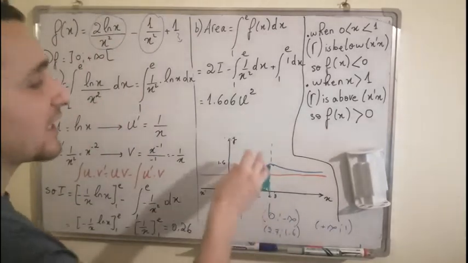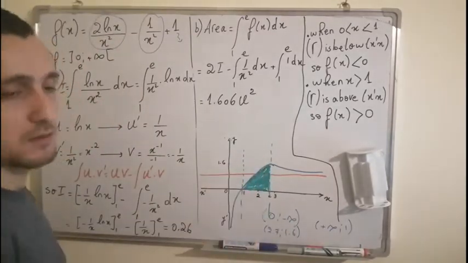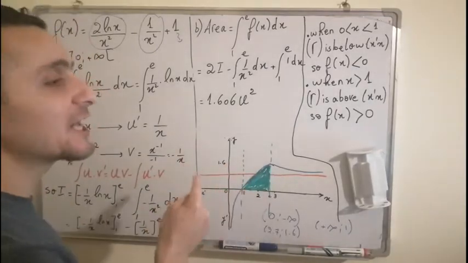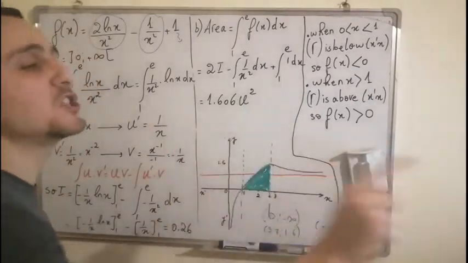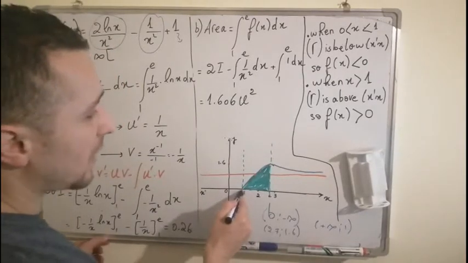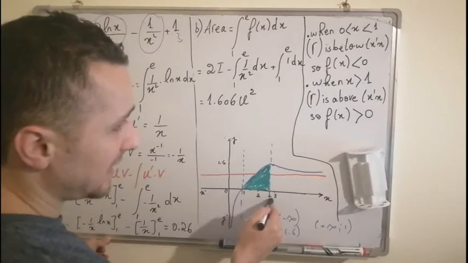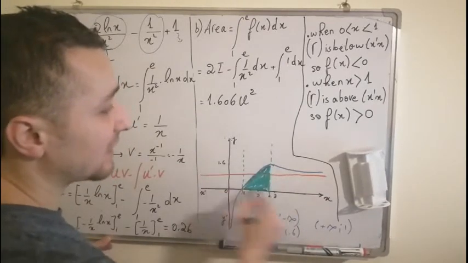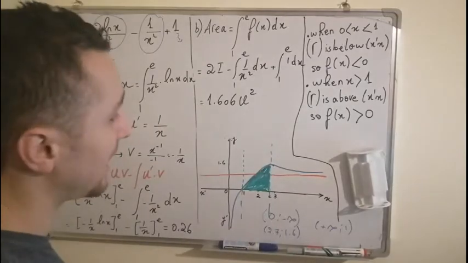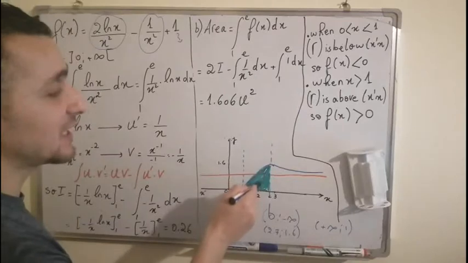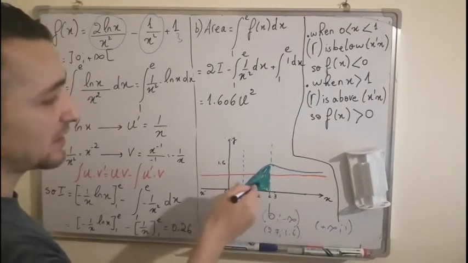Using the curve of this function, we have to determine the demanded region, between x equals 1 and x equals e, bounded by the curve C and the horizontal axis x prime x. So the demanded region is the region in green, this one.